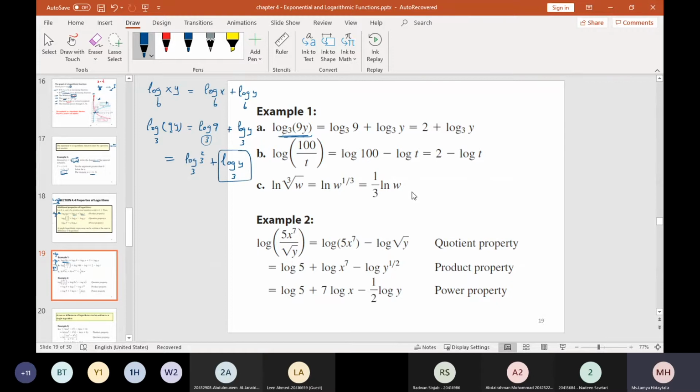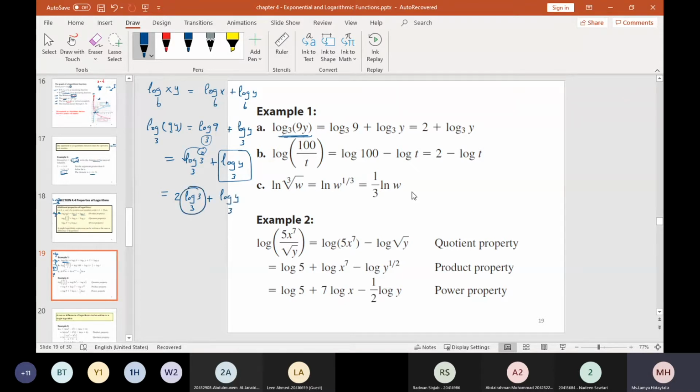I cannot do something else. So 3 to what power is equal to 3 squared, or using the rule we had just a few minutes ago, we said this one we can take it down, correct? So this is equal to 2 log 3 to the base 3 plus log y to the base 3.